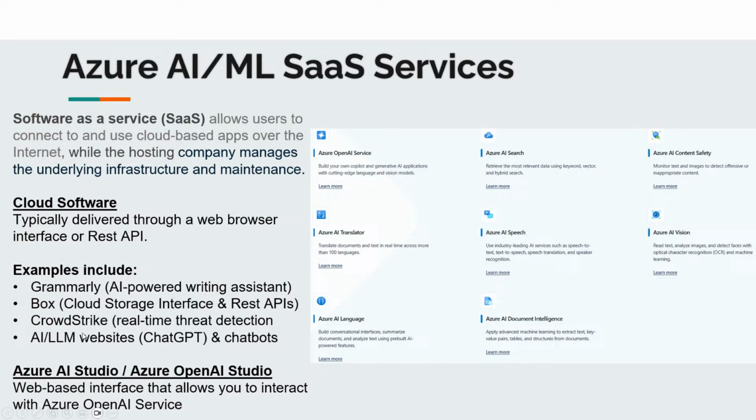And then, of course, maybe the most famous, most popular example right now is AI large language model websites, ChatGPT, and other chatbot services. ChatGPT has a web interface. You can go in, and it's most commonly used on a browser or your phone.